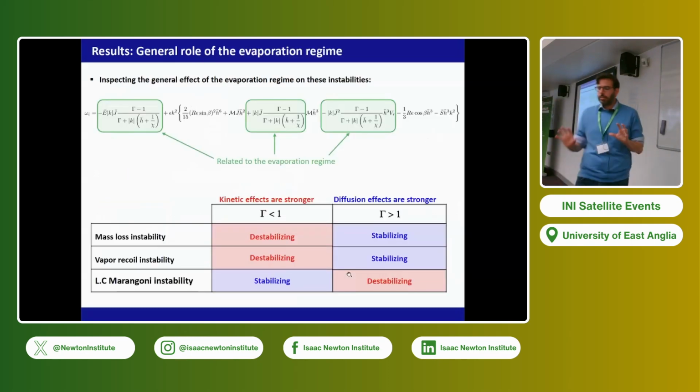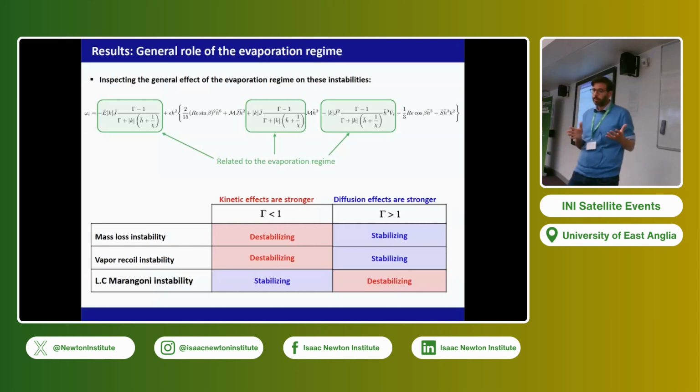So now, let's look at these terms. We can see that all three are changing with gamma. In particular, when gamma is smaller than 1, when kinetic effects are stronger, I remind you, mass loss instability and vapor recoil instability destabilize the film, while the opposite occurs when gamma is larger than 1. The latent heat cooling Marangoni instability part has a different effect.